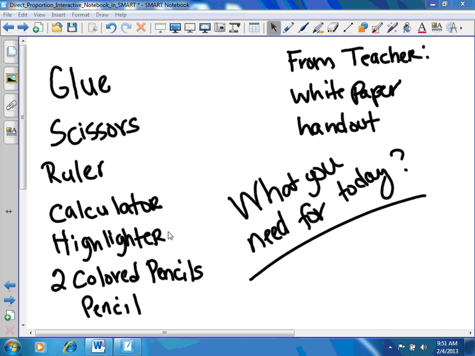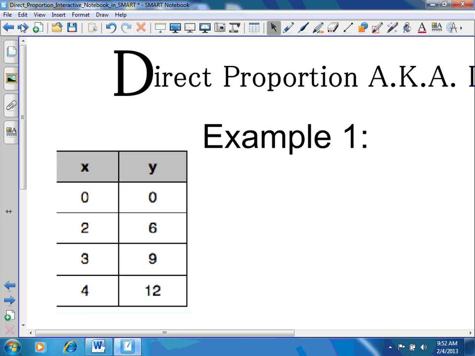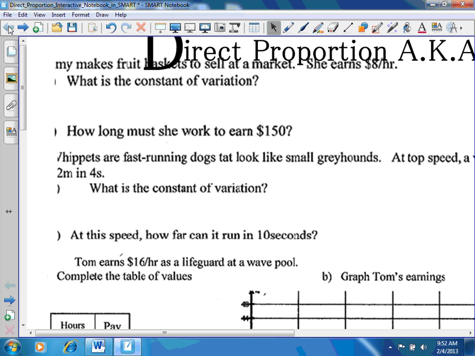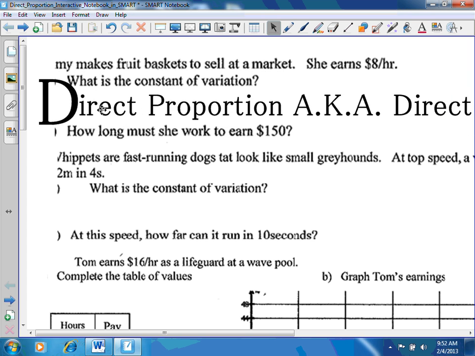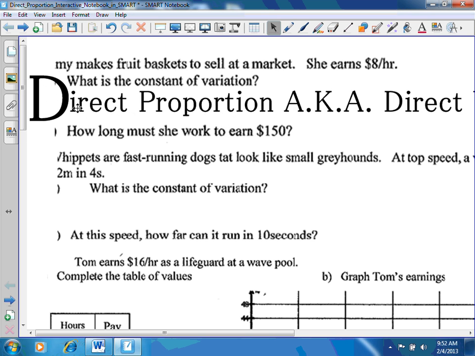Now, the first thing I want you to do is look at the handout I gave you that has a whole bunch of stuff all over it. I want you to take your scissors and cut out the title, Direct proportion, aka direct variation.